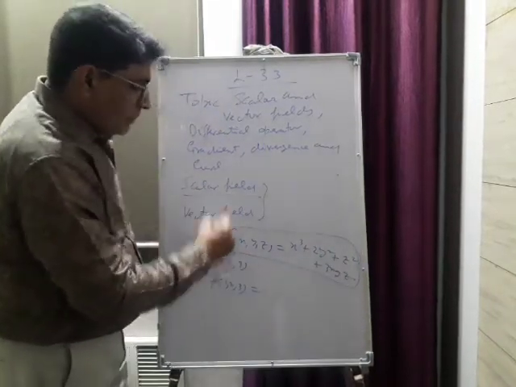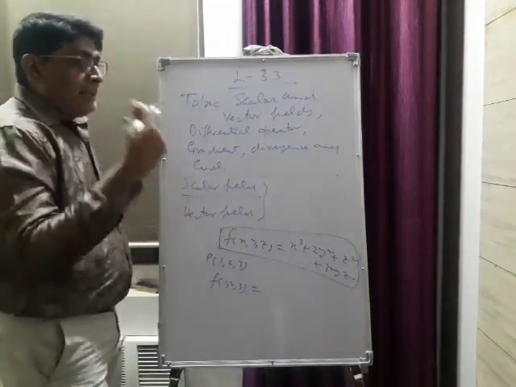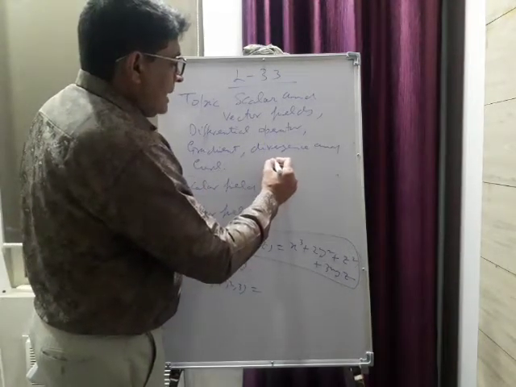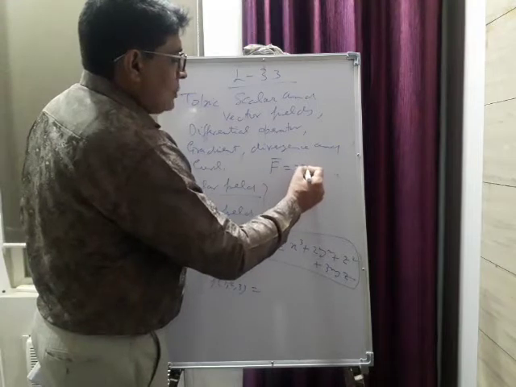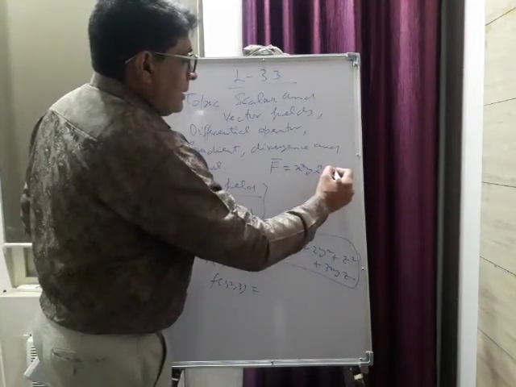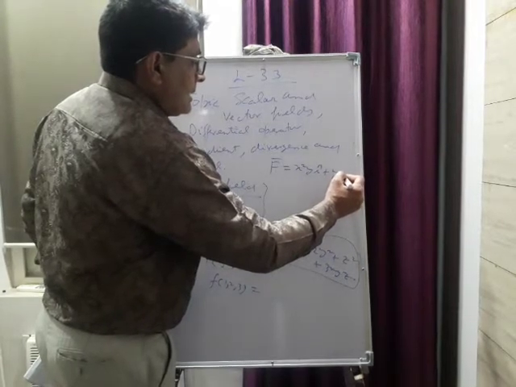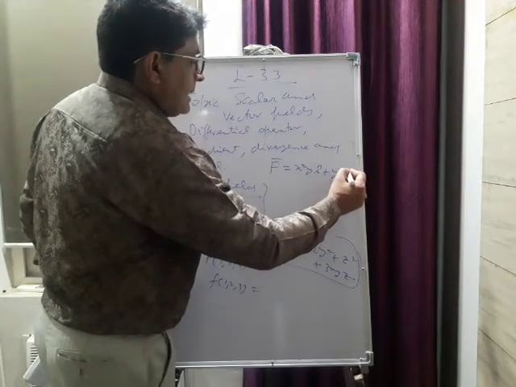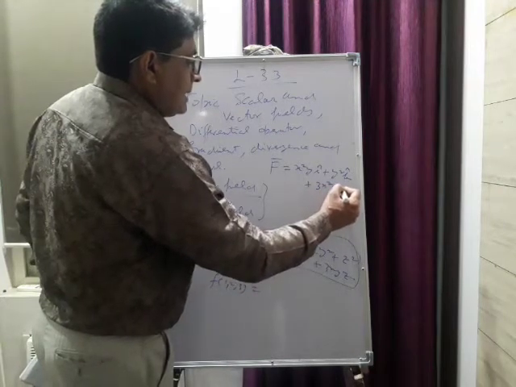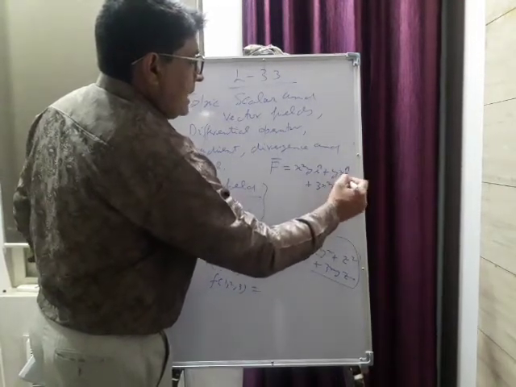So this is the scalar point function, and for the vector point function we denote, suppose, f equal to x square y i plus y square k cap plus 3x square z j cap.